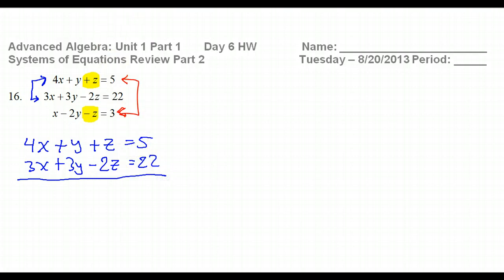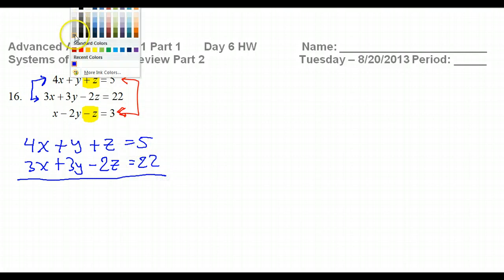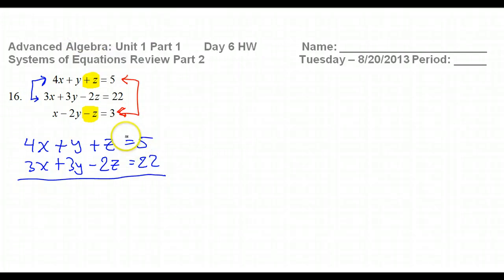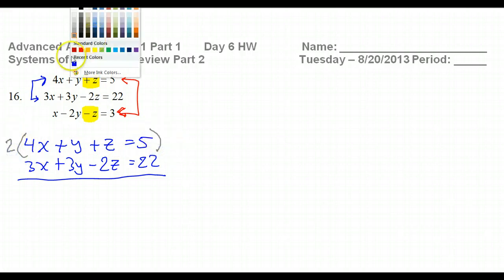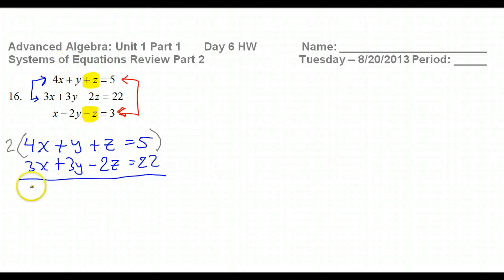Alright, let's go ahead and solve this. If I want the z's to go away like I have chosen, then I need to multiply by 2 here, which means I have to multiply everything by 2. So the new blue equation will be 8x, distributing, plus 2y plus 2z equals 10.